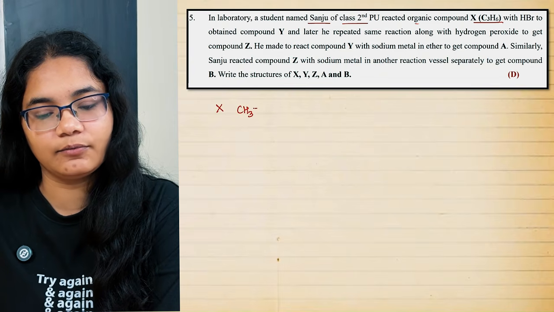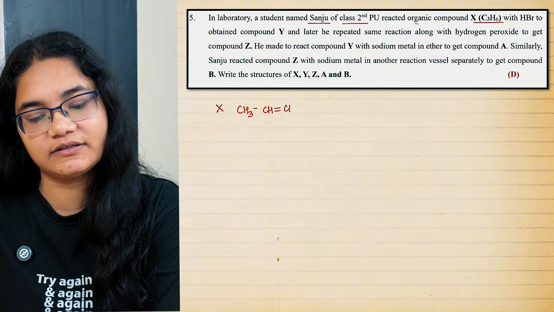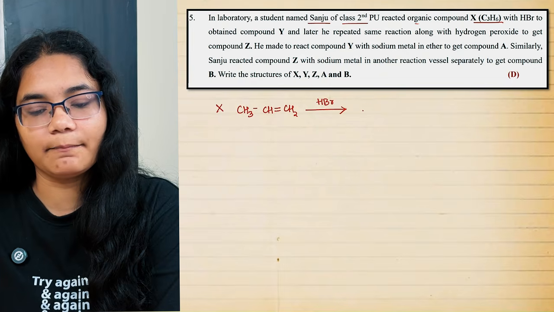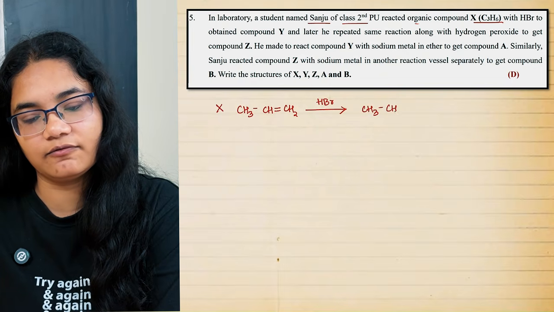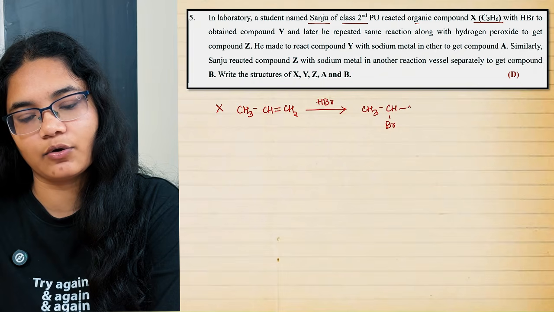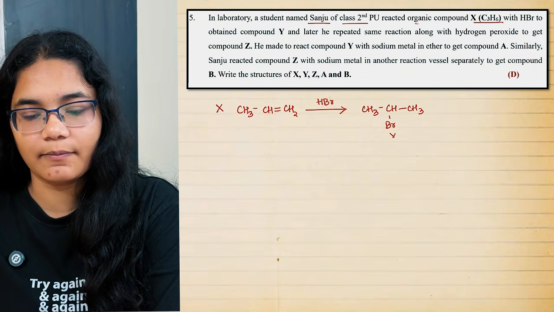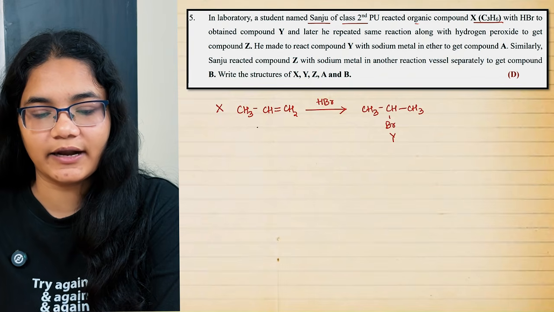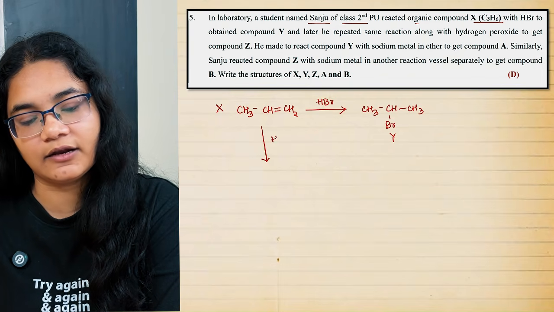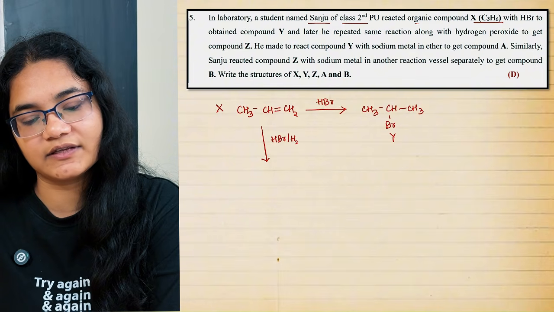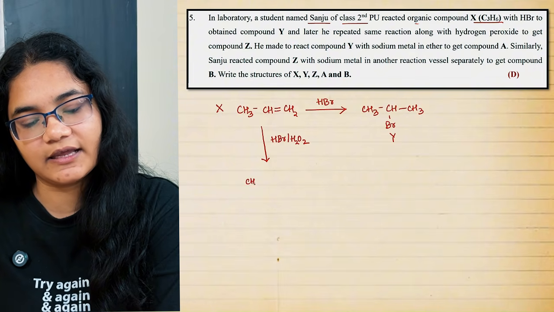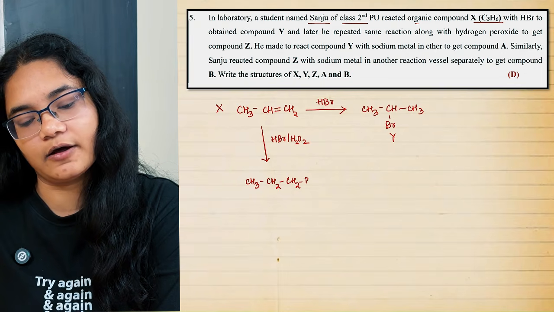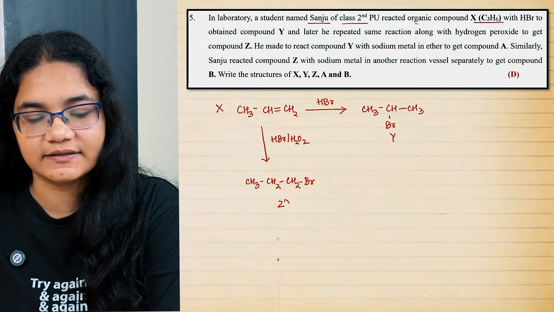It has to be propene, CH3CH=CH2, which reacts with HBr to give you compound Y. So when it is reacting with HBr, it will be a Markovnikov addition reaction to give this compound Y. Later he repeated the same reaction along with peroxide to get compound Z. So when reacting HBr with peroxide, that will give us CH3CH2CH2Br. That is compound Z.